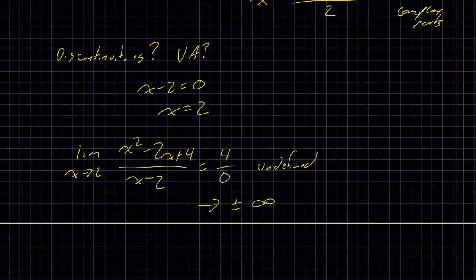I don't know which one it's going to be, but maybe I can figure that out. What I do know is that x equals 2 is a vertical asymptote.